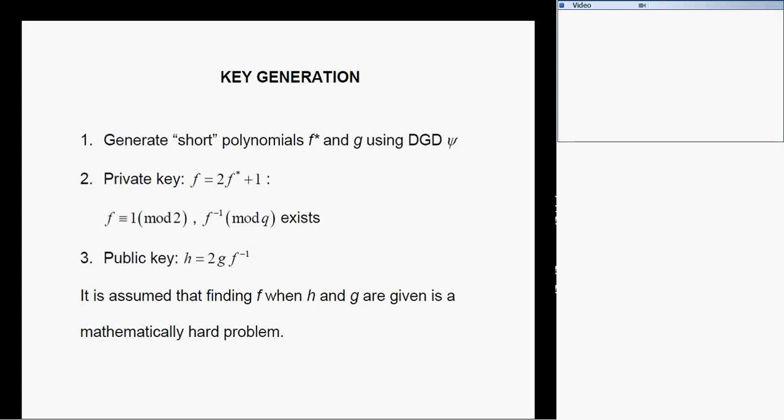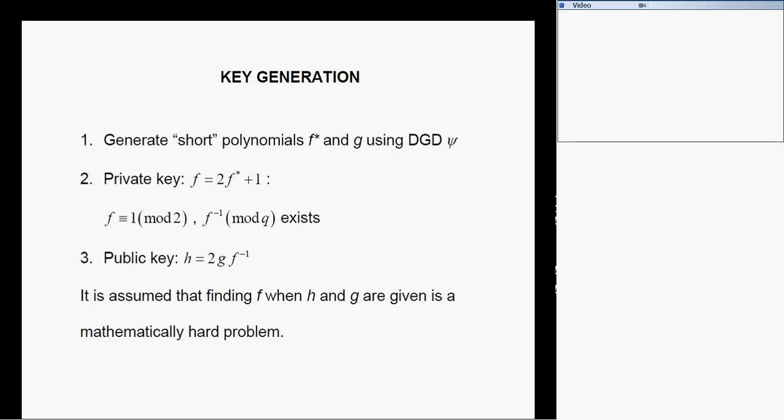So let's look at the case of key generation. Key generation will be the same both for the conventional NTRU scheme that we're going to discuss and the NTRU-LWE scheme. The difference will be in the way the actual encryption and decryption is done.